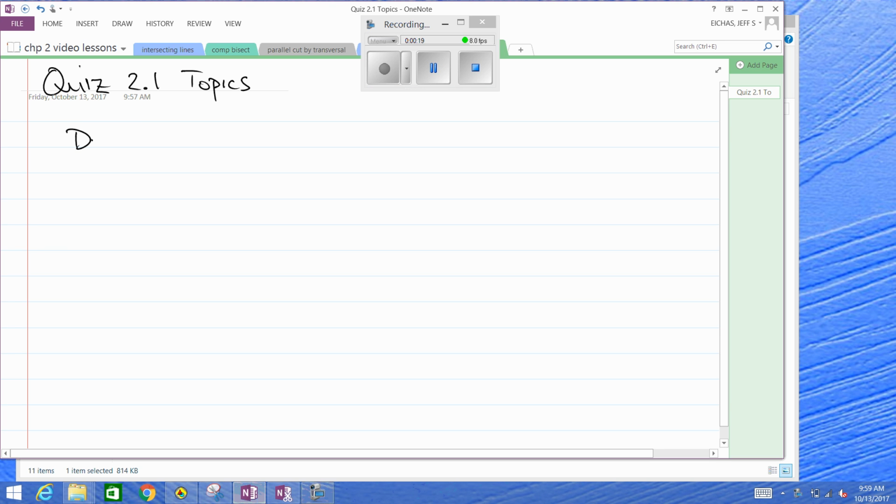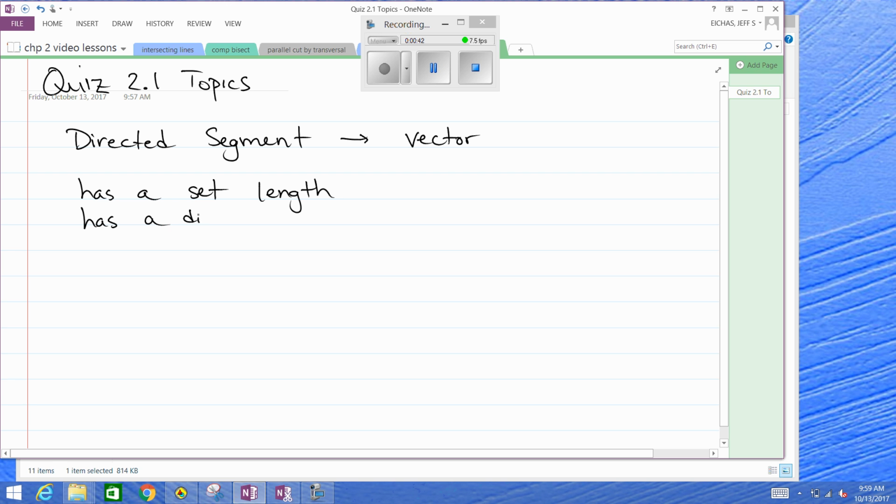One of the newer topics is the idea of a directed segment. Okay, so what this is like is it's like a vector in science. A directed segment has a set length because it stops, all right? It also has a direction.